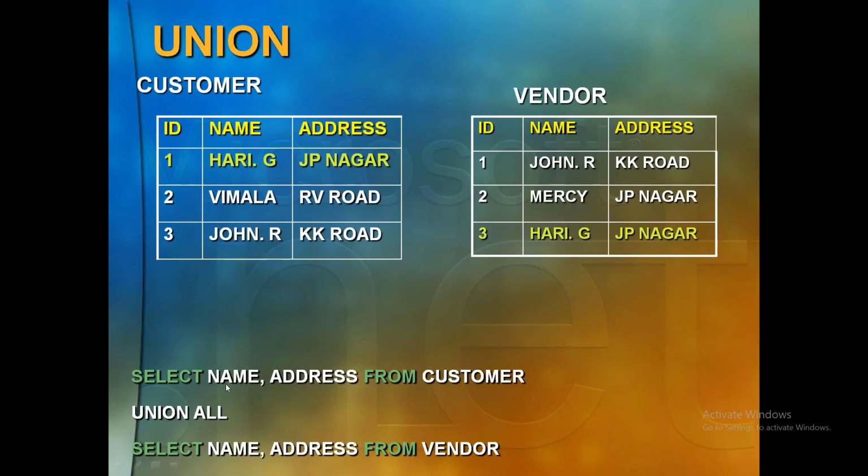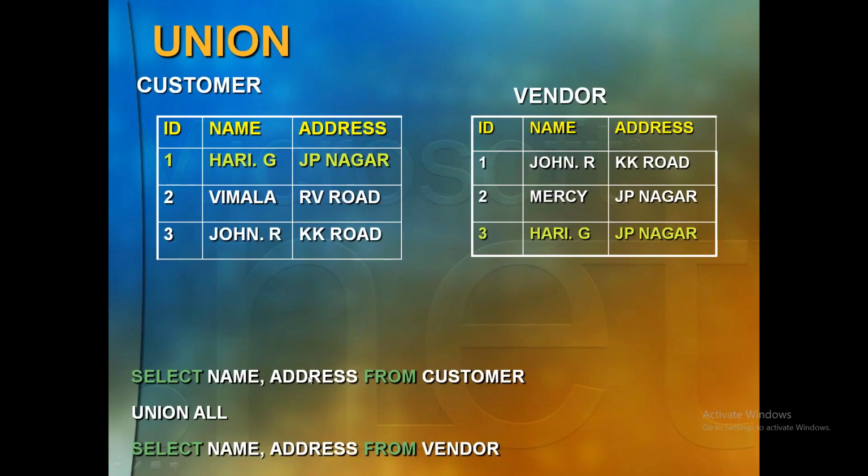And a few more things you should understand. If you have two columns in the first select statement, you must have two columns only in the second select statement. You cannot say select star from the first table, union or union all, select star from the second table. You must write the column names clearly. Clear? And the corresponding column data type also should match. For example, name is a varchar column, so this name also should be a varchar column.